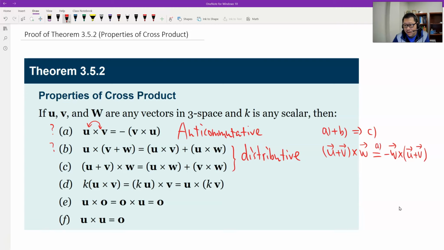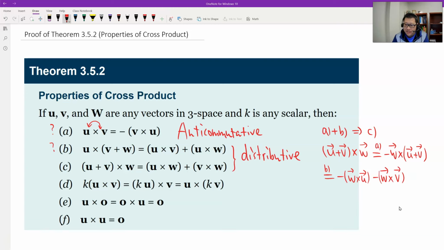So this is A. And then distributive, so we can use B. Then using B distributive, we get negative W cross U, another is also negative, so negative W cross V.